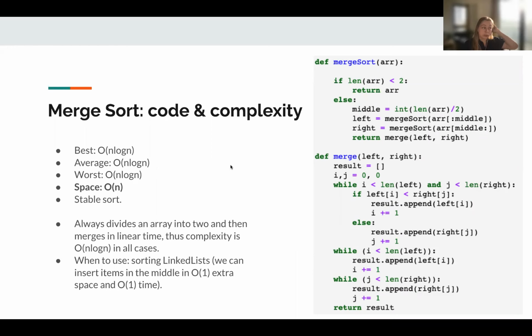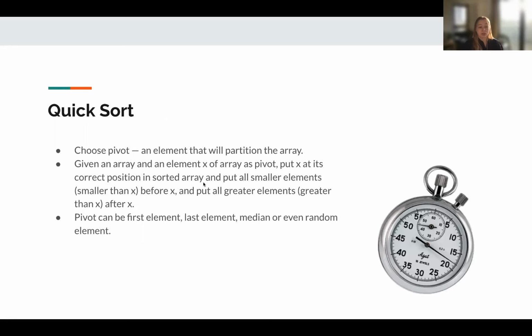When's the best case to use it? Sorting linked lists, because as opposed to array lists, we can insert items in the middle in constant time, without using additional space.